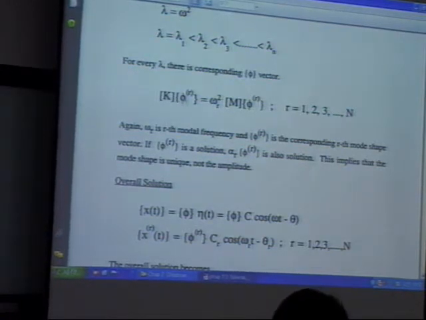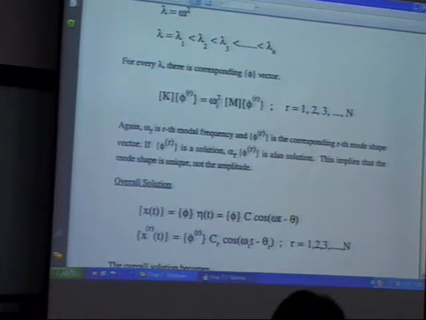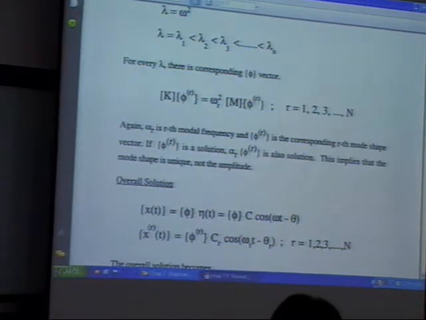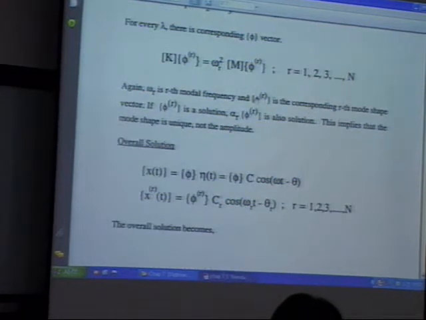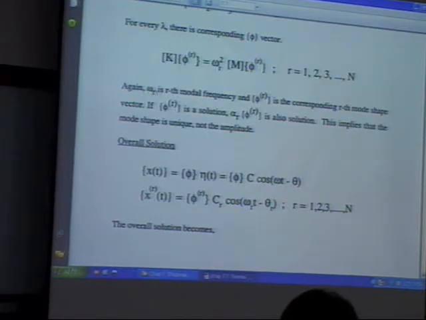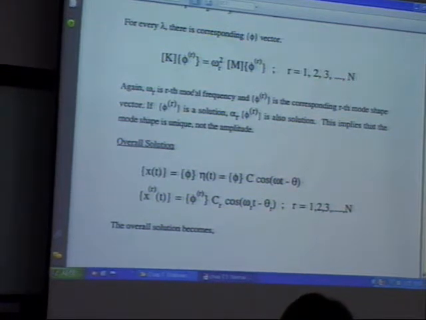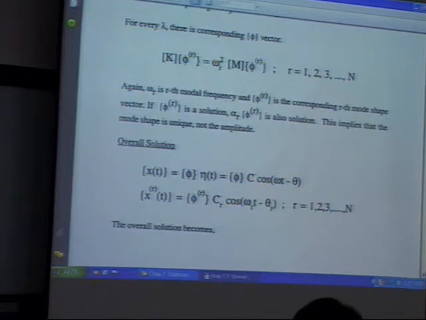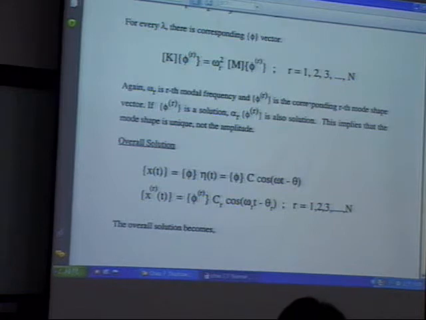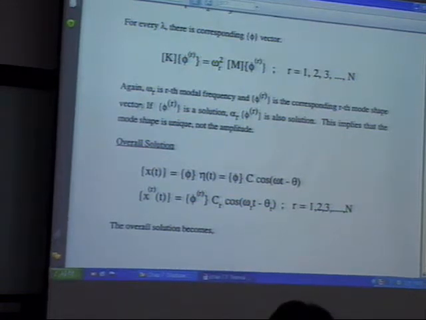So K phi r, for the rth mode, equals omega r squared times M phi r. So again, as I wrote in the comment here, omega r is the rth modal frequency or natural frequency, and phi r is the corresponding rth mode shape vector.